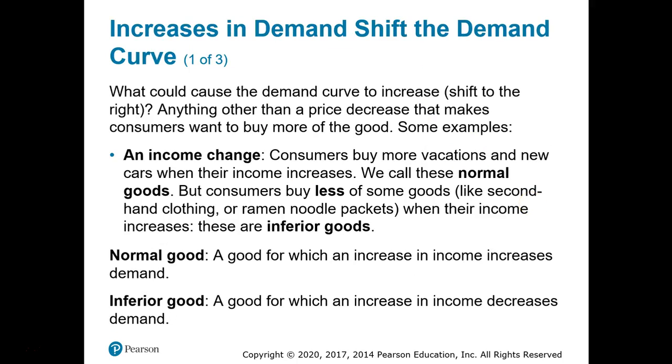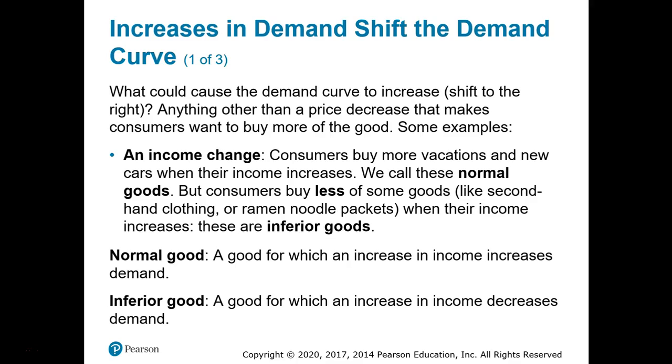So what would cause the demand curve to increase, a shift to the right? It's anything other than a price decrease that makes consumers want to buy more. An income change. For example, consumers buy more vacations, new cars, houses, new clothes. They spend more when they get a pay raise. We call these normal goods.